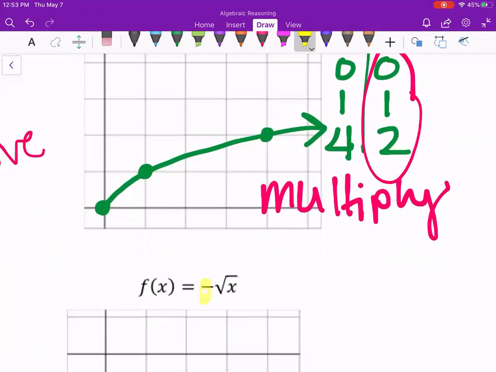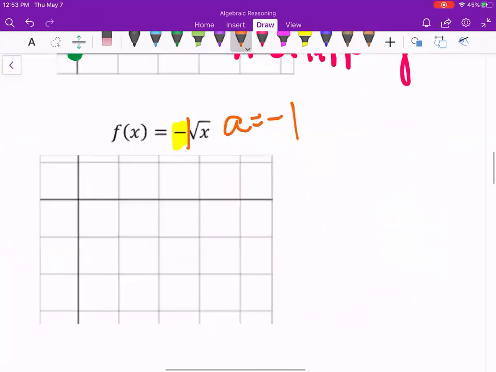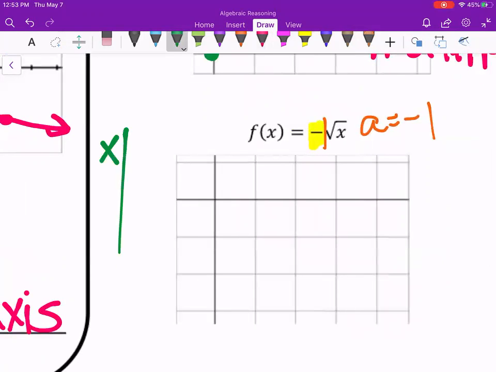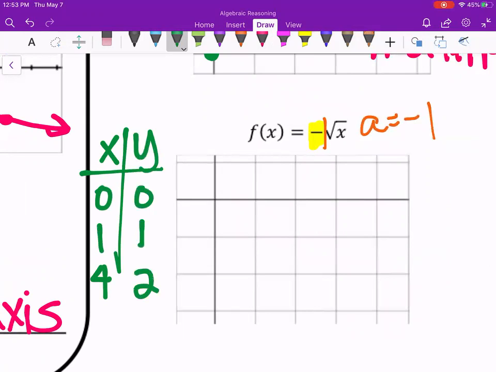So when we look at a negative A value, like before, a negative 1 in this case, we're going to multiply those same Y numbers by a negative 1. So let's get our original ones up here. My X, my Y: 0, 1, 4, and 0, 1, 2.